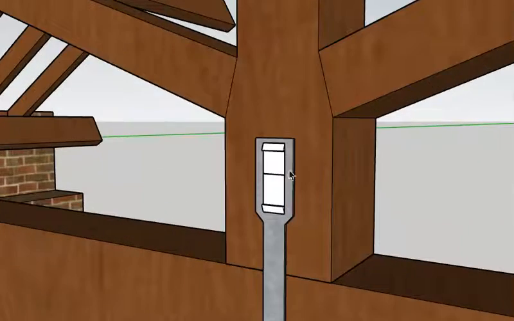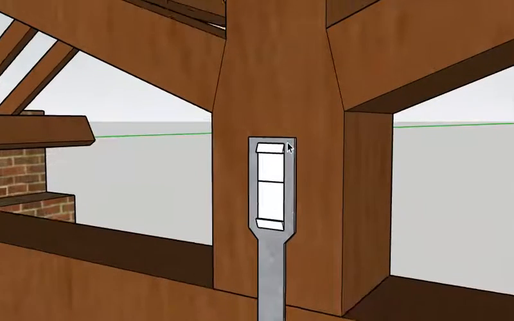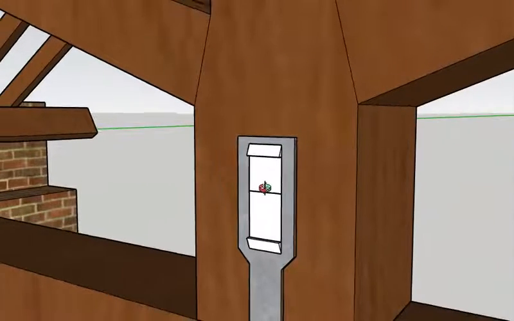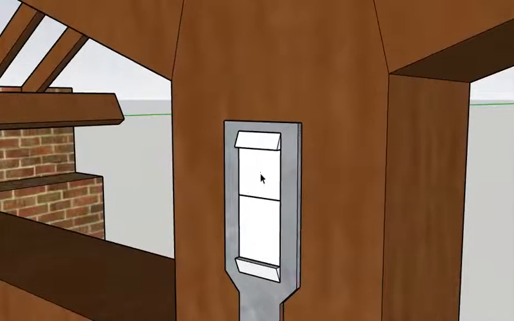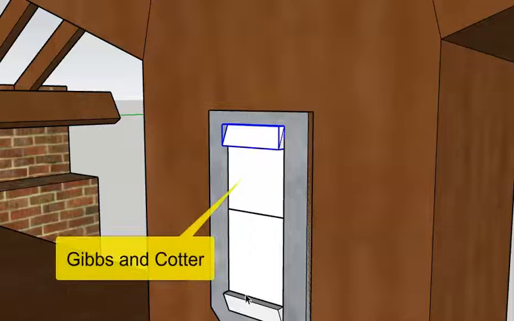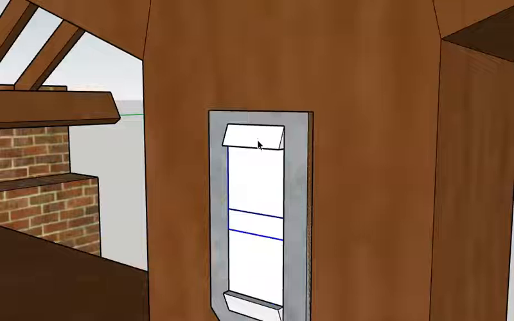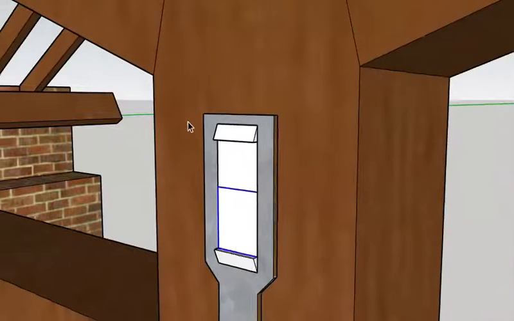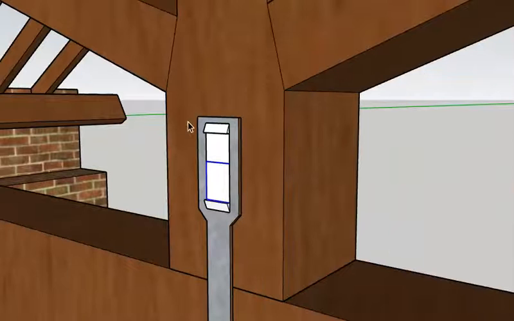Now to fix this tie to the king post, a specific arrangement of metal members called Gibbs and Cotter is made. So you will see that there are a total of 1, 2, 3 and 4 members. Out of these, 2 members are going to be placed at the top and the bottom, and in between these, 2 members are going to be metal wedges or steel wedges.